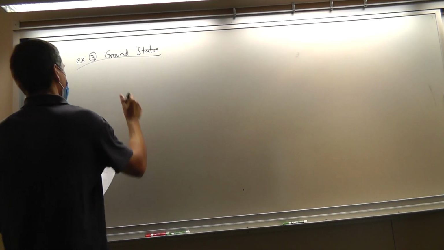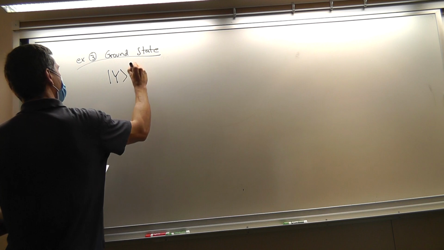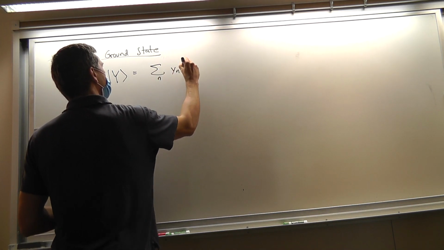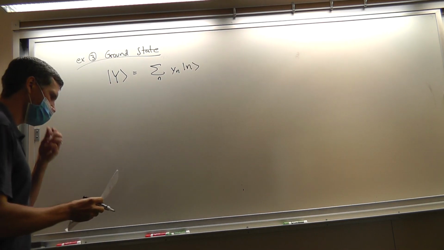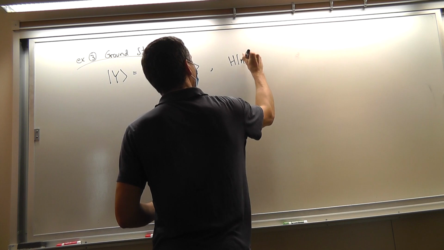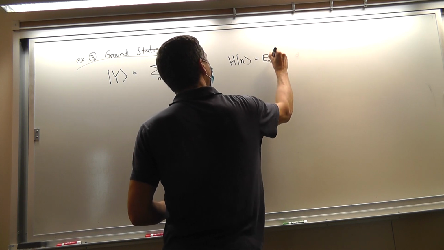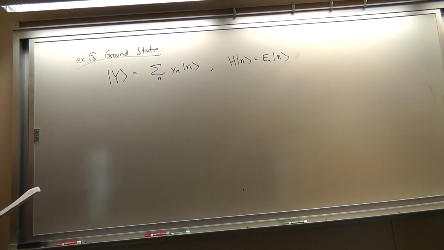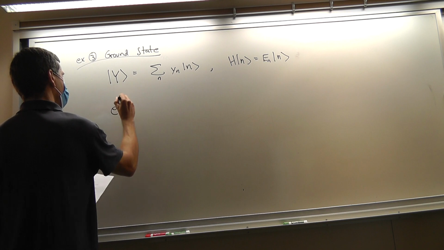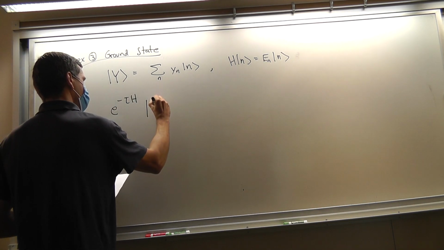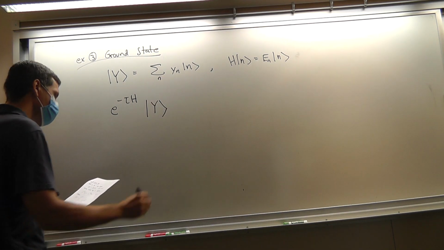We could take any state and expand it in energy eigenstates, where H on n is the energy. Euclidean evolution damps the excitations. That is, e to the minus tau H on this arbitrary state psi.